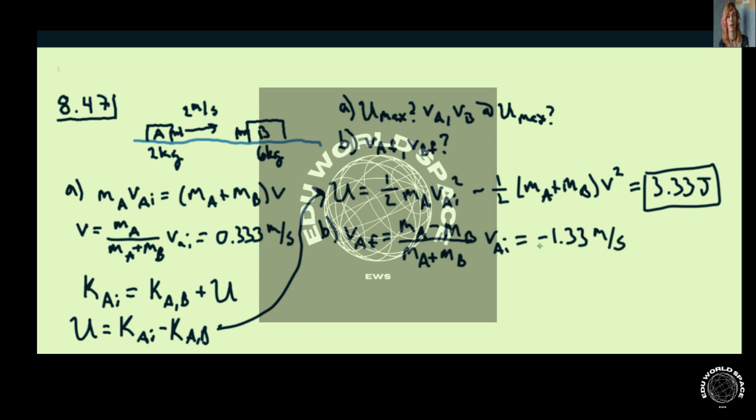So A has reversed direction. This is what you would expect, because it has a smaller mass, which is exactly what this term here is saying. And so it's going to be bounced completely back in the direction it came.